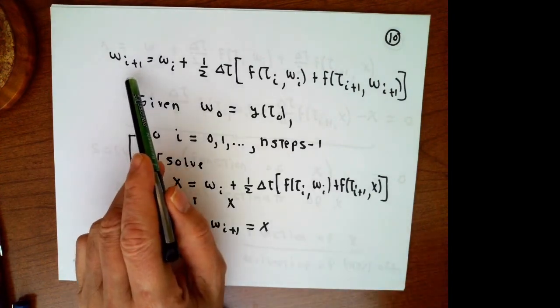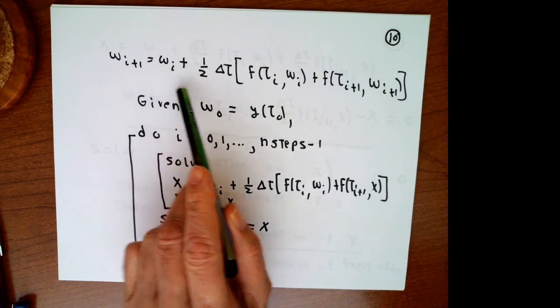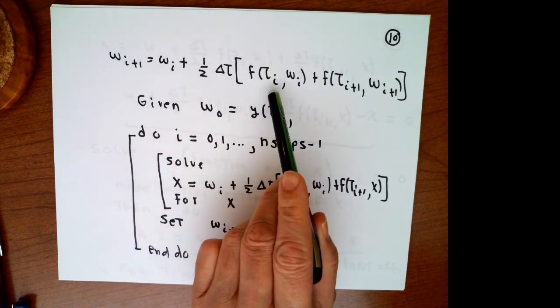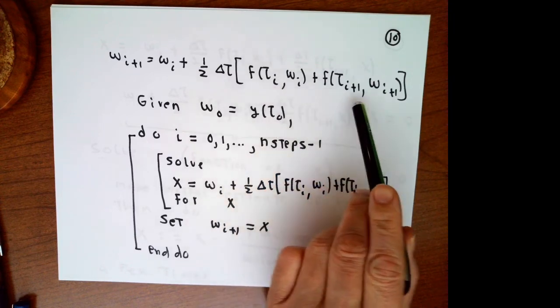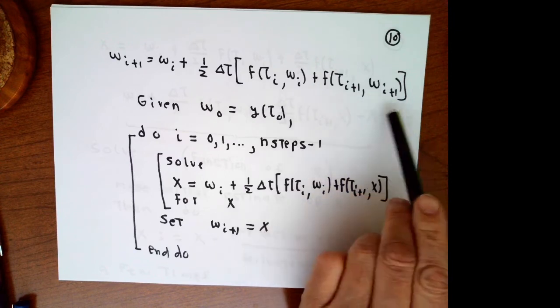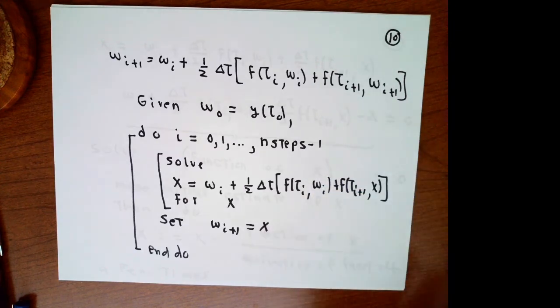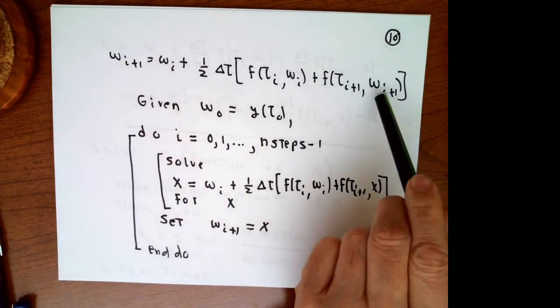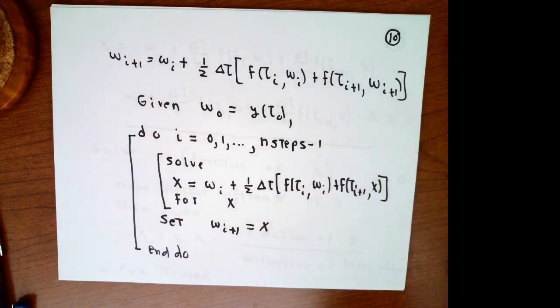Wi plus 1 needs to be Wi plus 1/2 delta t times f at ti, wi plus f at ti plus 1, wi plus 1. And as before, the quantity that we're trying to find shows up over on the right hand side, so we will use a fixed point method or some other method in order to solve that equation.